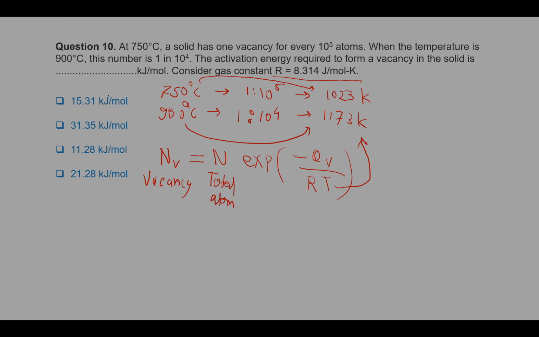For the first, we can keep 1 is equal to 10 to the power 5 exp of minus Qv, which we have to calculate, upon R, which is already given, 8.314 into 1023.